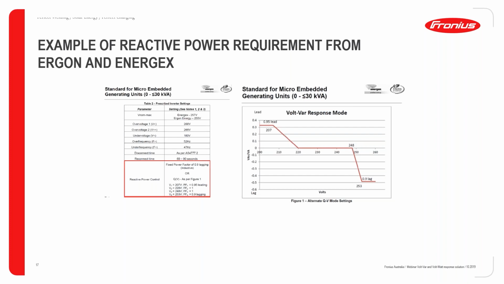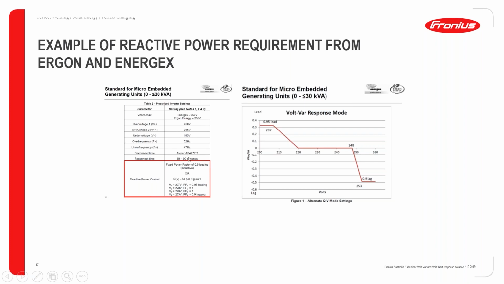This table varies from site to site. Some utilities may have the same table for all the sites, but these tables are specified by the grid operators in the country, or in the states. This is just an example of how the tables for the Volt-VAR response mode and Volt-Watt response mode look like.